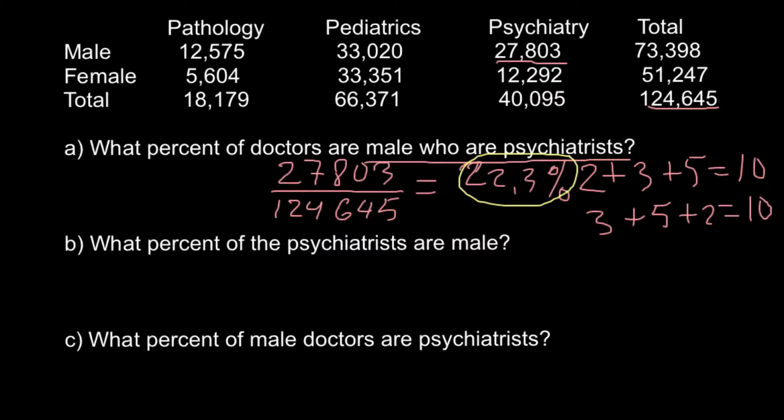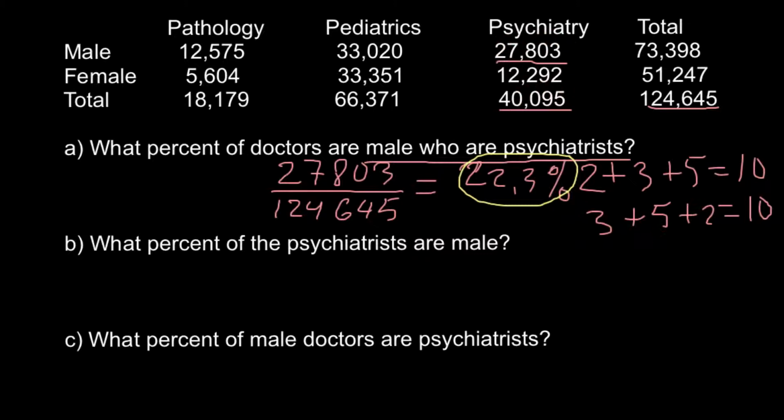So this is the answer for the first question, 22.3%. And here is question B: what percent of the psychiatrists are male? Once again, how many psychiatrists do we have here? This is the total number of the psychiatrists, made up of the numbers of males and females. The question is, what percent of the psychiatrists are male?